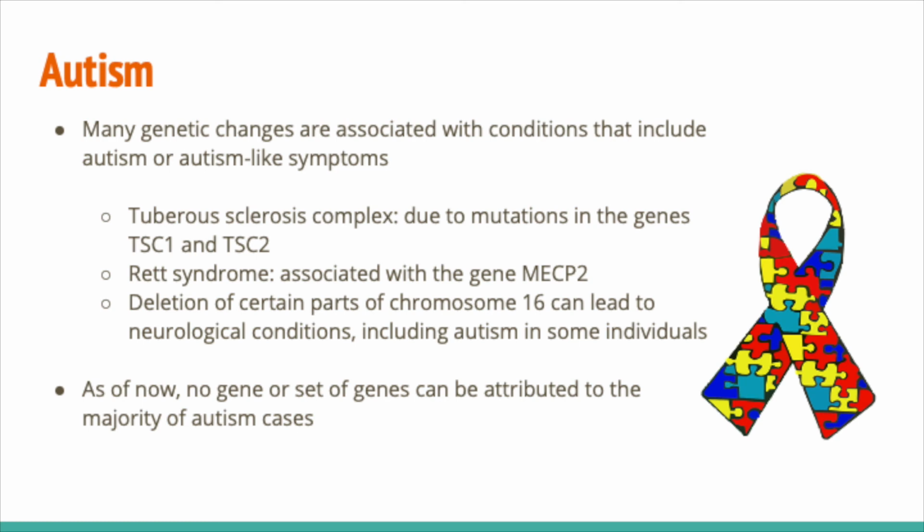Another gene mutation that is linked to autism-like symptoms is MECP2, which will cause Rett syndrome. And deletion of certain parts of chromosome 16 can lead to neurological conditions, including autism in some individuals. But as of now, no gene or set of genes can be attributed to the majority of autism cases.